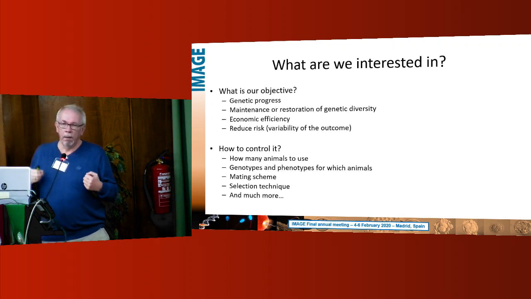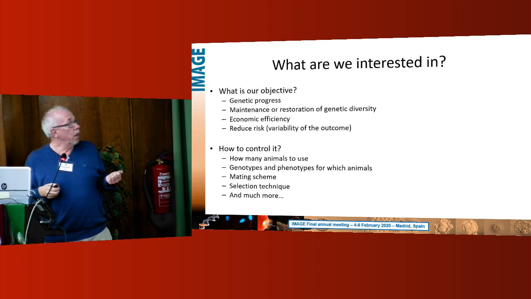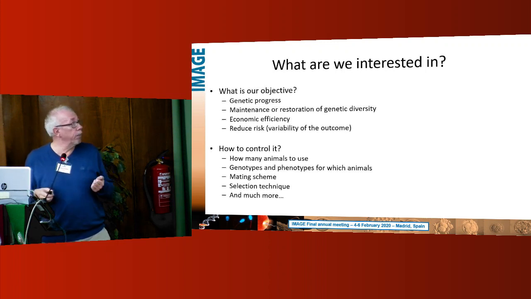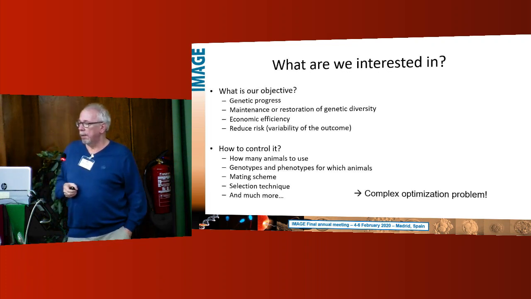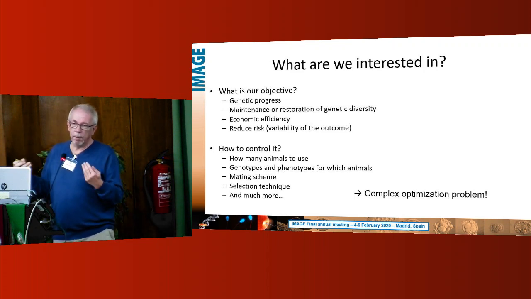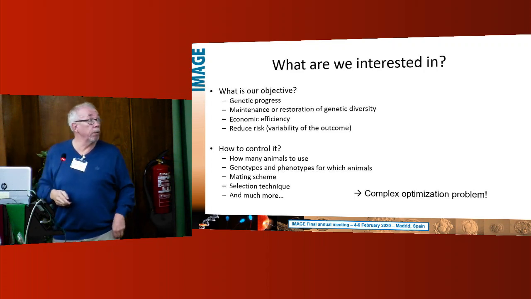And we have many ways to control these things. So how many animals to use, which animals to genotype, which animals to phenotype, which mating schemes to use, which selection techniques, and much more. So all these need to be defined and sort of optimized if you are in a situation to design such a breeding program.